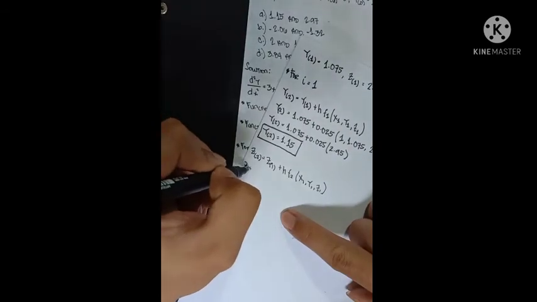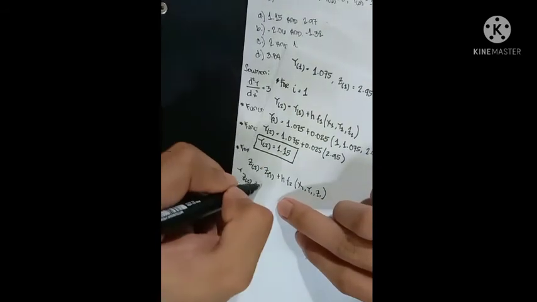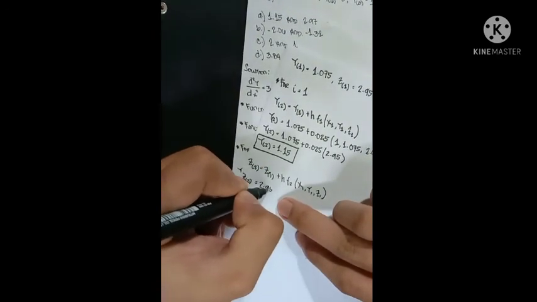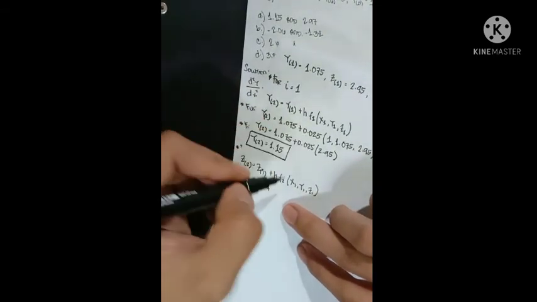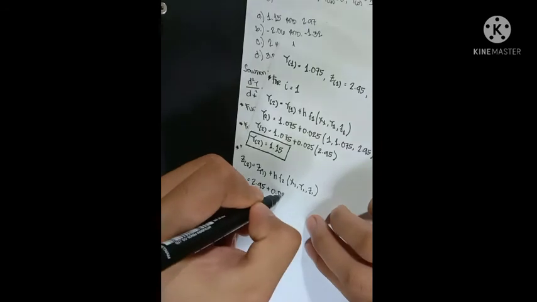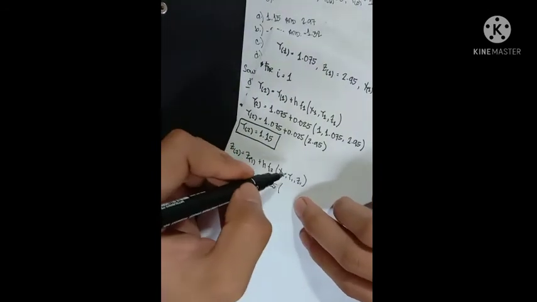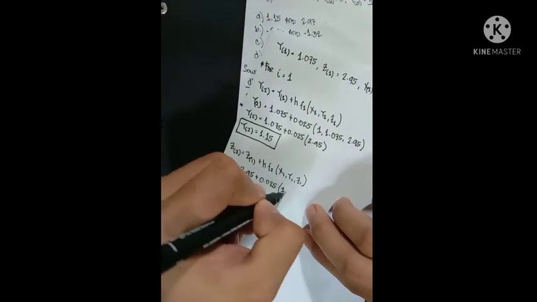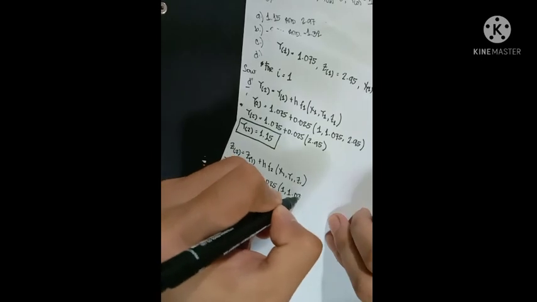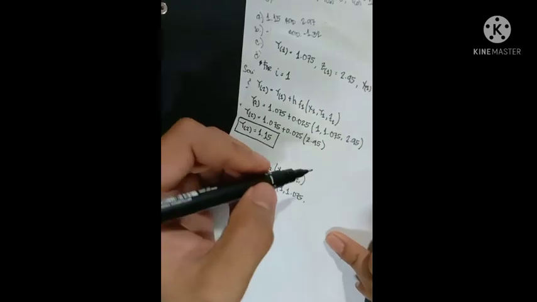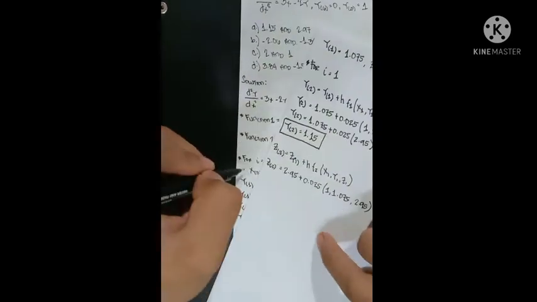So for z2, we have z1 equal to 2.95 plus the step size of 0.025 times the function with x1 equal to 1, y1 equal to 1.075, and z1 equal to 2.95.